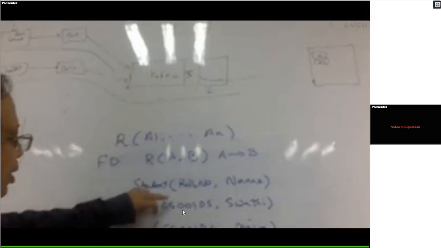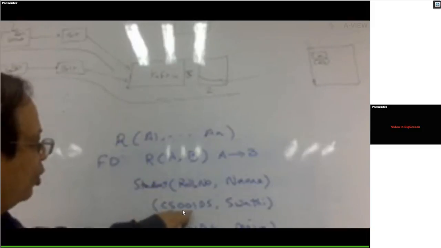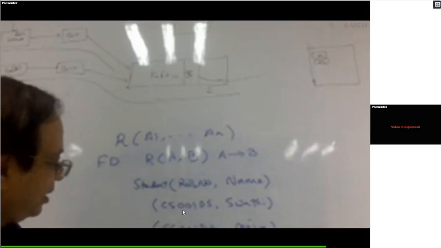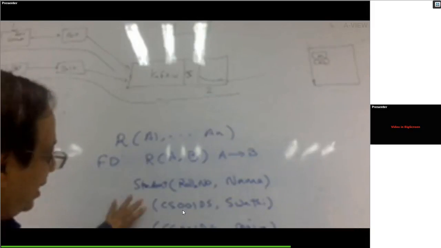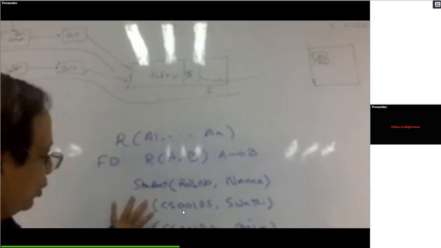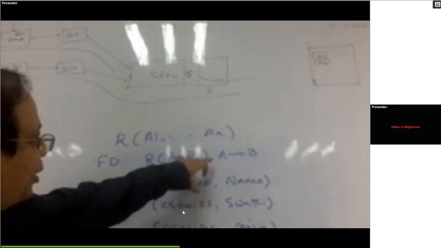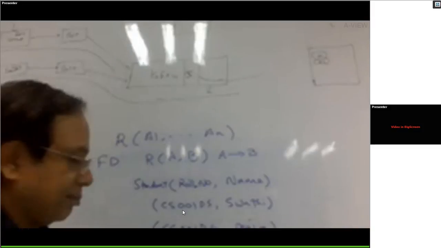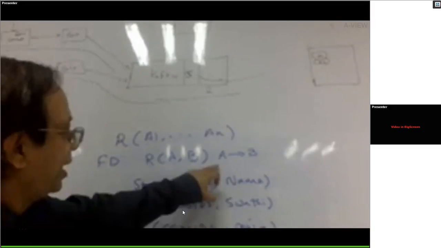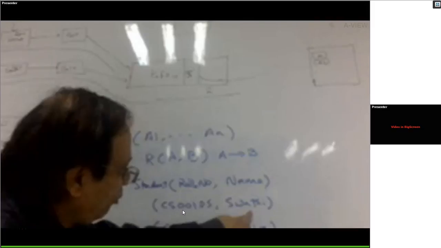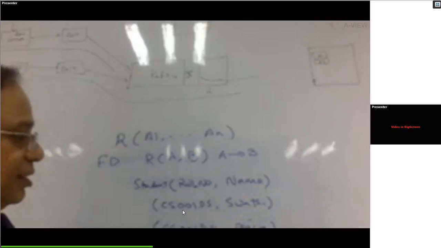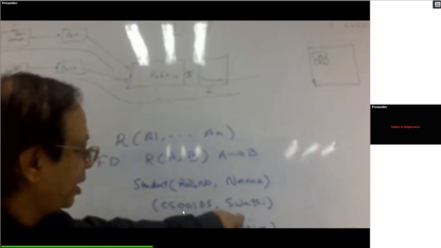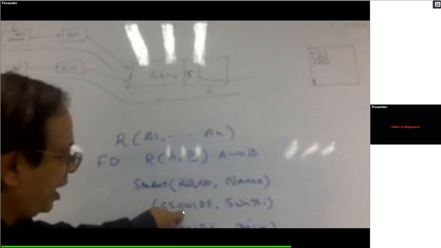If the two tuples agree on the roll number CS001D5, they are agreeing on A, which is the roll number, then they also have to agree on the name, because A determines the value of B.